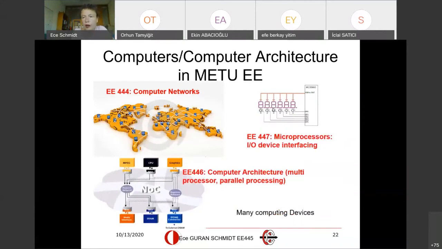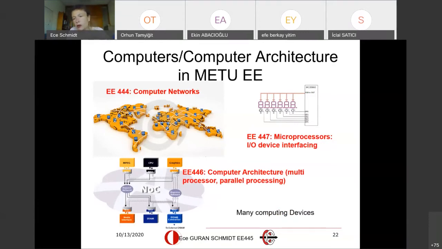Furthermore, we learn how computers work together using the computer networks course in the second semester. In microprocessors, you will learn all this device interfacing and so on. So how do you put things together, pass information among them? And for 446, there are all multiprocessor components.